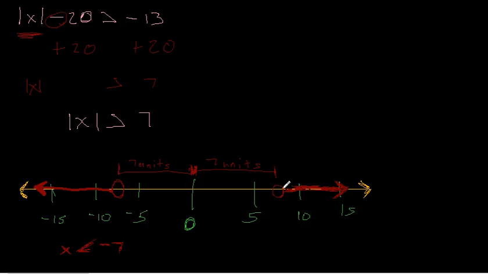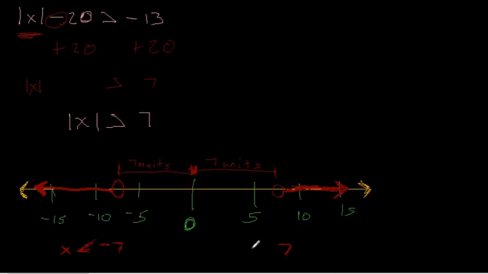Also, at my other point, this is positive 7. So starting at positive 7, all my x values go off in a positive direction. And those are actually greater than 7.